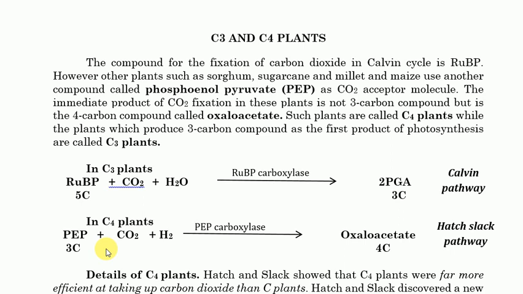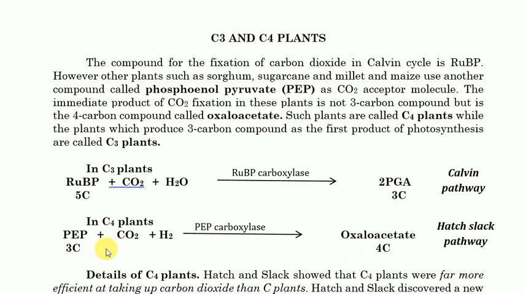In C3 plants, the first product of photosynthesis is the 3-carbon acid called phosphoglycerate, or phosphoglyceric acid, or glycerate phosphate. But in C4 plants, the first product of photosynthesis is the 4-carbon acid called oxaloacetate.